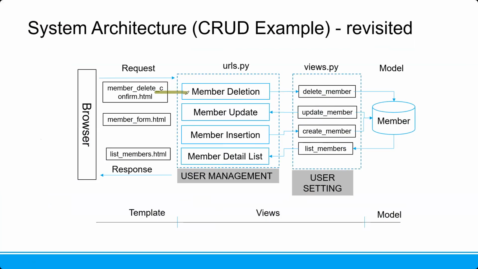If it is too complicated to mention which part is going to which part, you can just make it like this. This is based on the urls.py, and it will connect to each of these. The member detail list goes to list members. Member insertion or creation goes to the member form. When we update the member, we go to the member form. When we delete, it also goes to the member form and the member delete confirm.